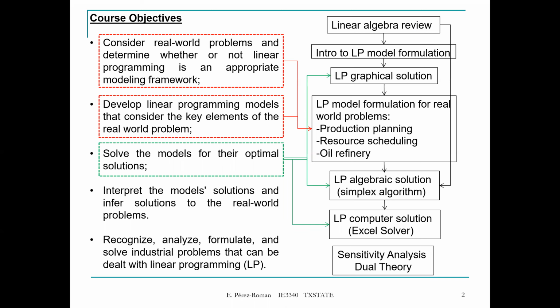During the sensitivity analysis lecture, we learned about the shadow price, the reduced cost, and so on. And we learned how to use that information to answer questions that are relevant from a managerial point of view. And we're going to extend that analysis today with this lecture.